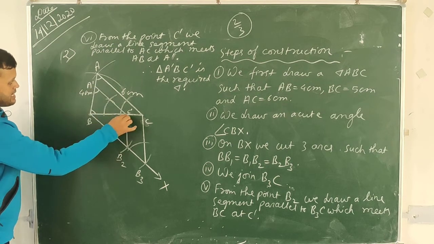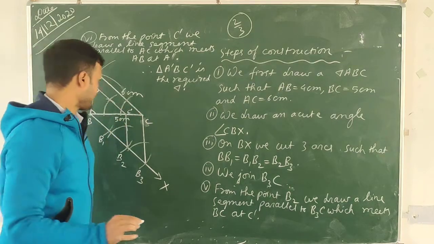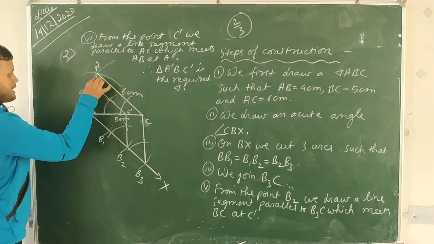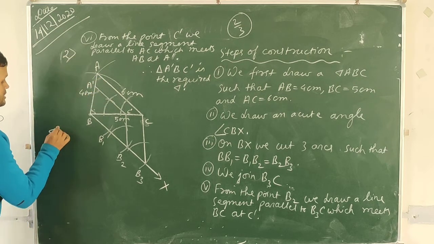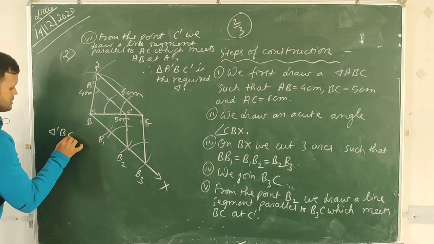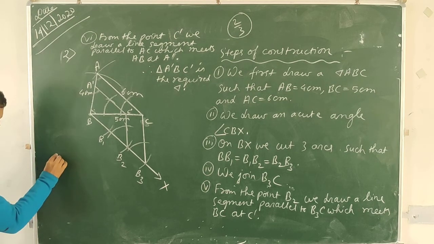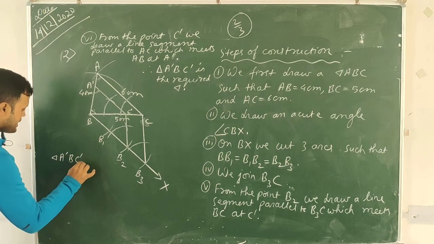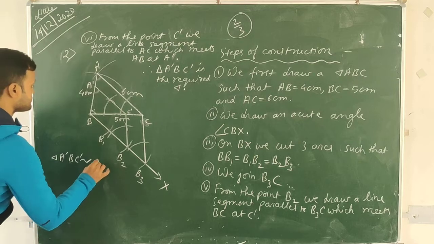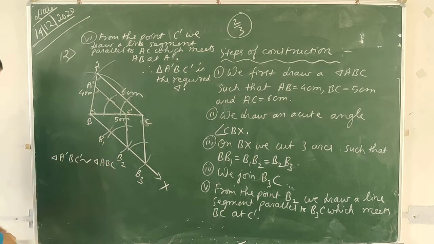In A dash B C dash and A B C, these two angles are common, and these two angles are corresponding angles. So the smaller triangle, A dash B C dash, is similar to triangle A B C, isn't it?